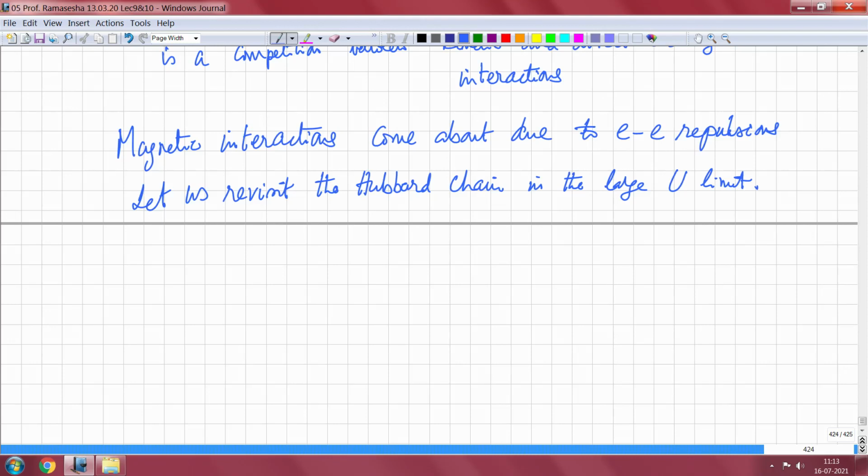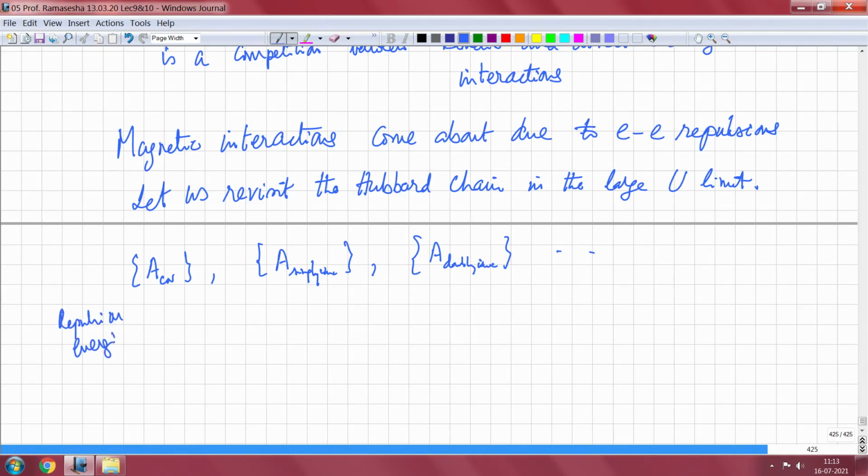So what we will have is states which are covalent, a bunch of states which are singly ionic, and then a bunch of states which are doubly ionic, etc., etc. The repulsion energies are the following: 0, U, 2U, and so forth.